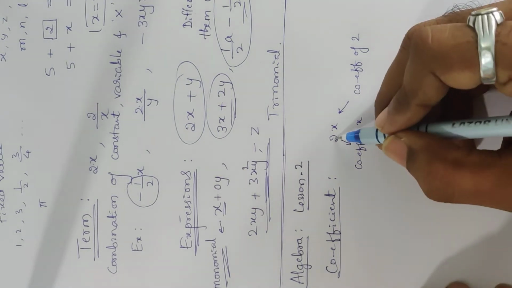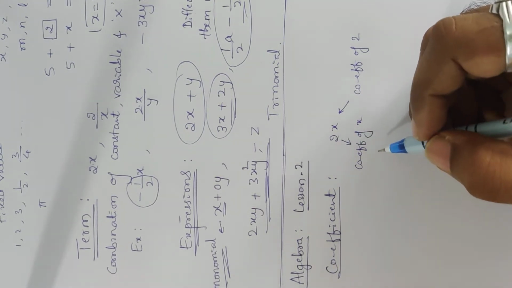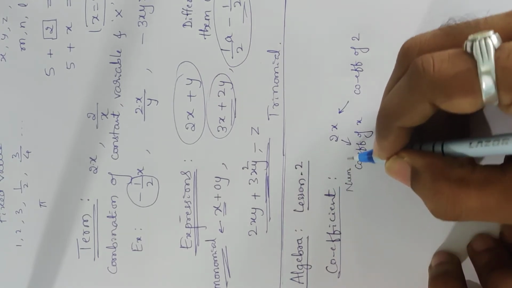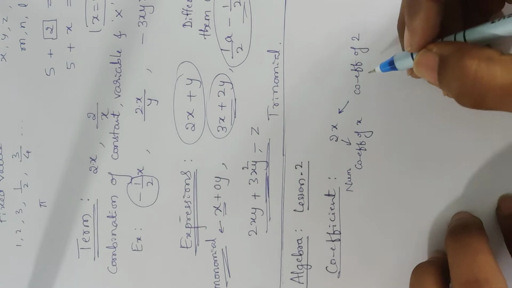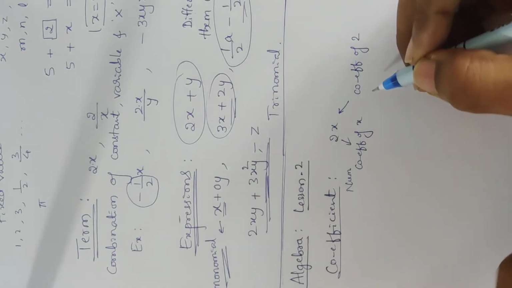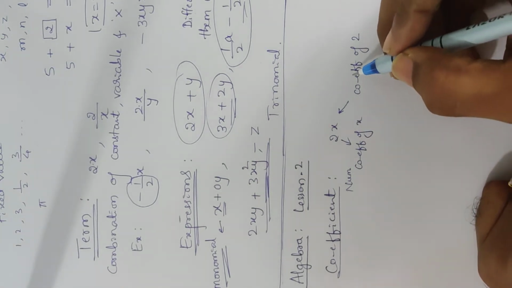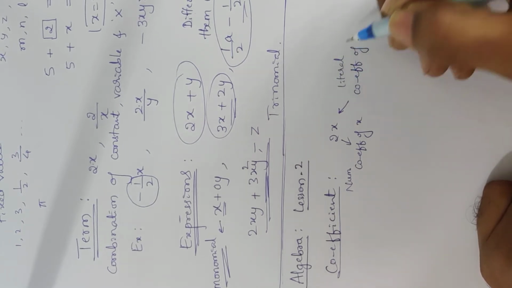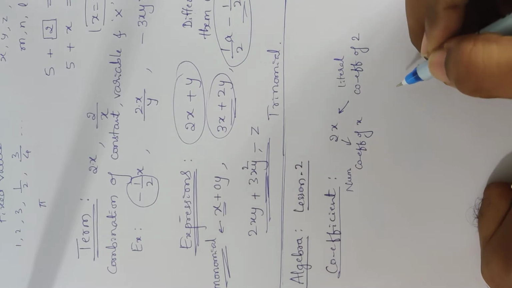Only thing is, since 2 is a numerical, we call it a numerical coefficient. And since x is a variable, it can be called a variable coefficient or literal coefficient, because a variable is also called a literal.